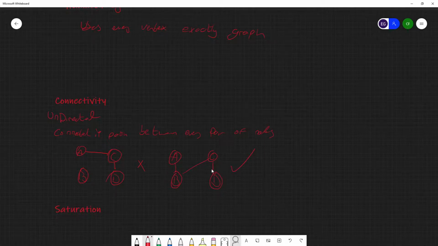They don't have to be directly connected, so this would be connected just as this. You don't have to have an edge between every single one, just a path.